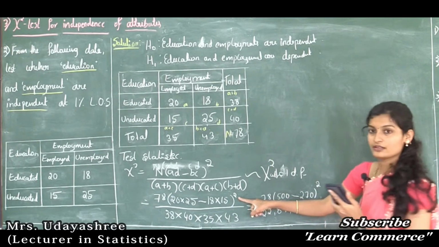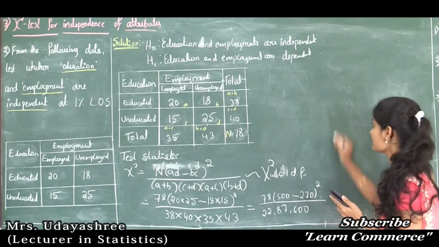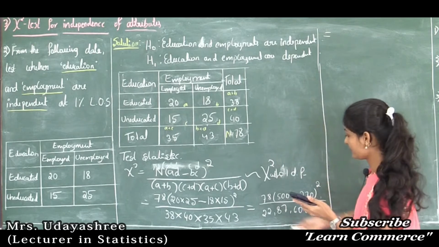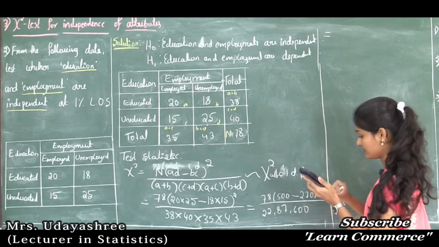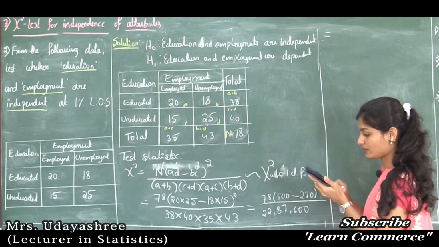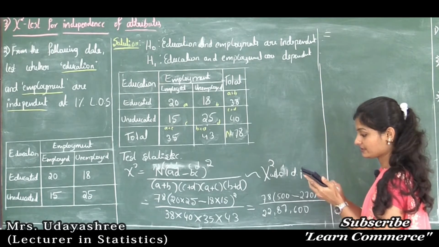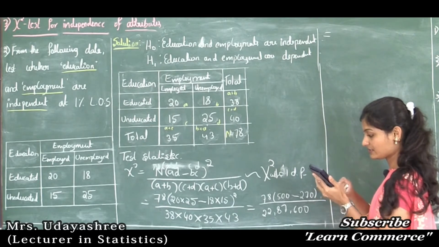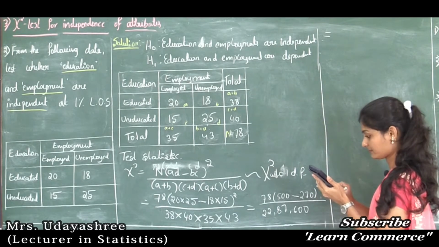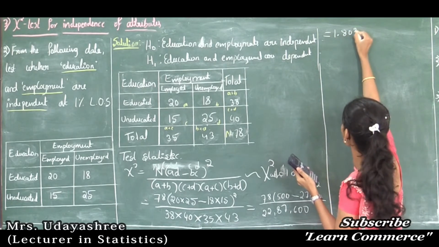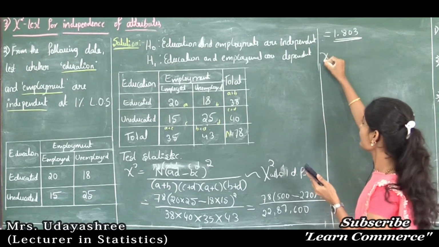So chi-square equals 500 minus 270, that is 230, whole square into 78, divided by 22 lakh 87,600, that is 1.803.